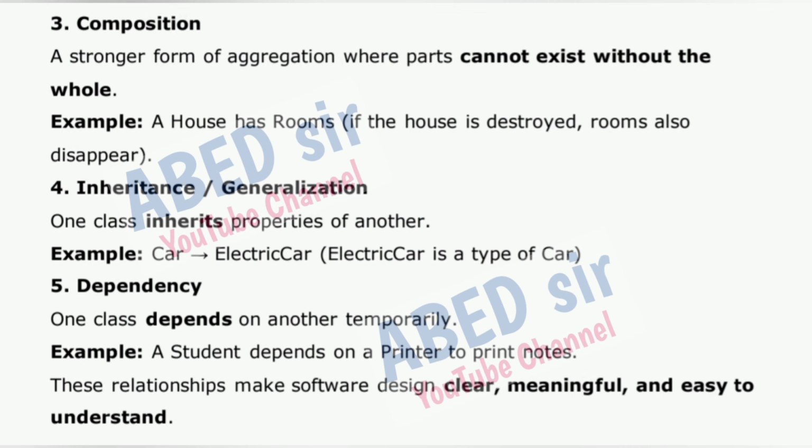Inheritance, generalization. One class inherits properties of another. Example, electric car is a type of car. 5. Dependency. One class depends on another temporarily. Example, a student depends on a printer to print notes. These relationships make software design clear, meaningful, and easy to understand.